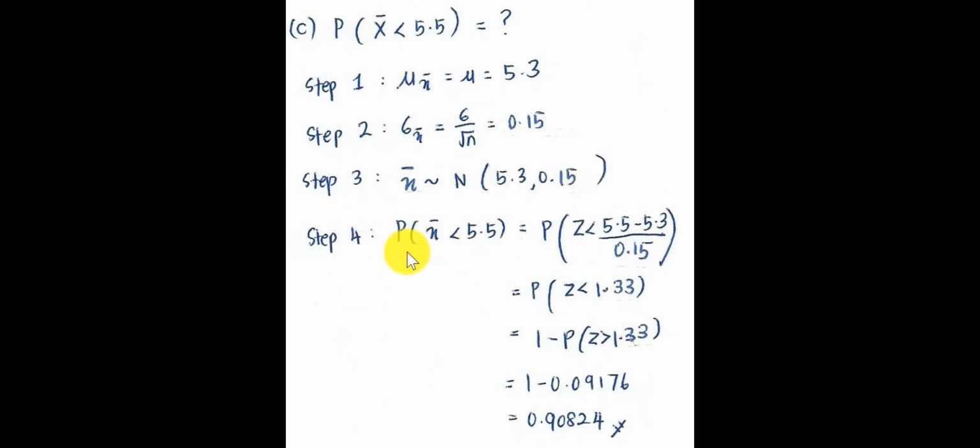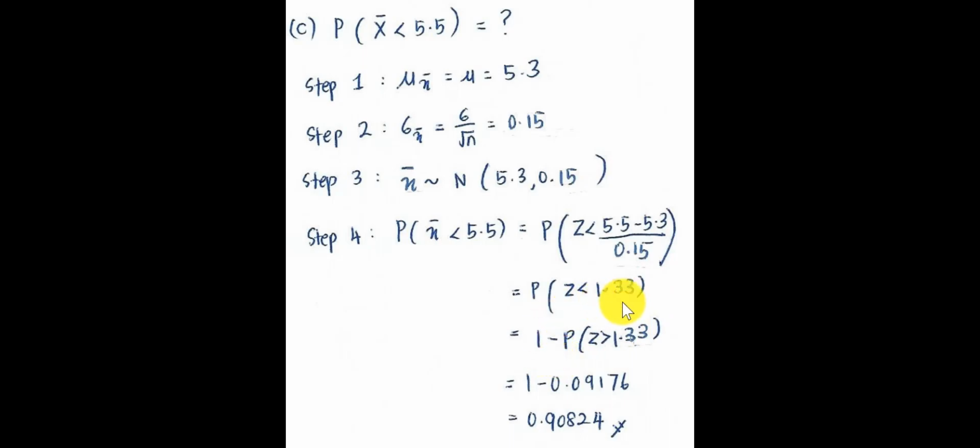Step 4, standardize the normal distribution. That means you have x bar minus the mean of the sample, 5.3 from step 1, over the standard deviation from step 2, 0.15. Then you get z less than 1.33.